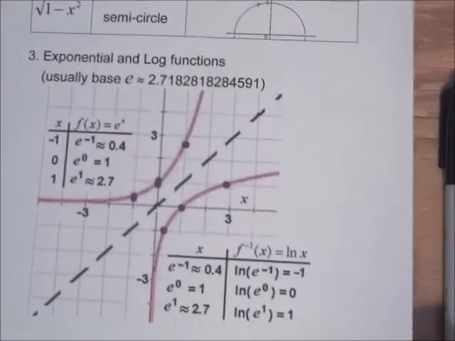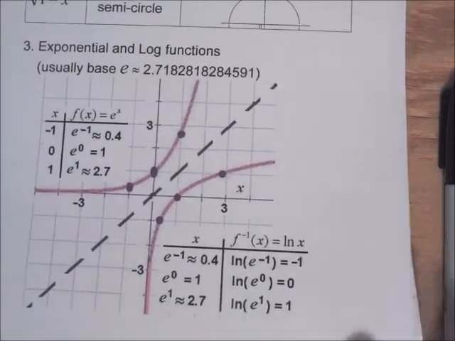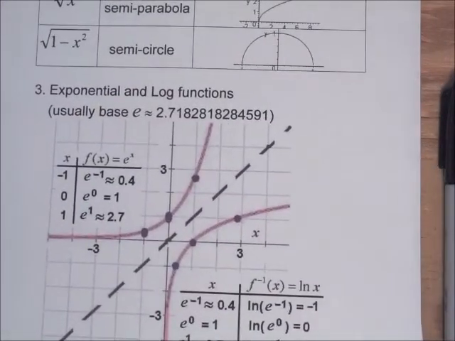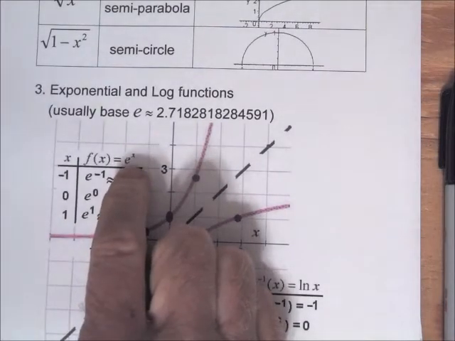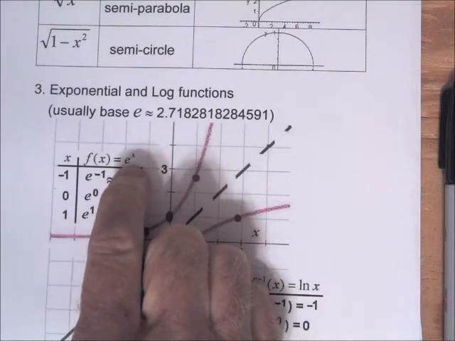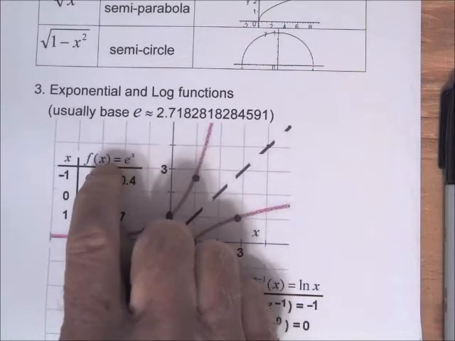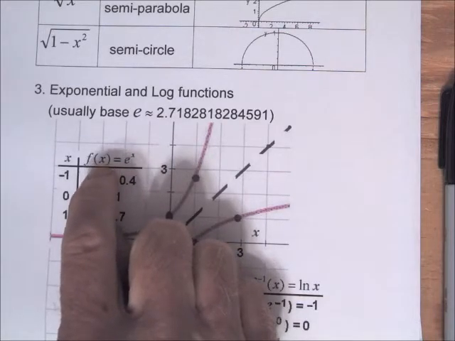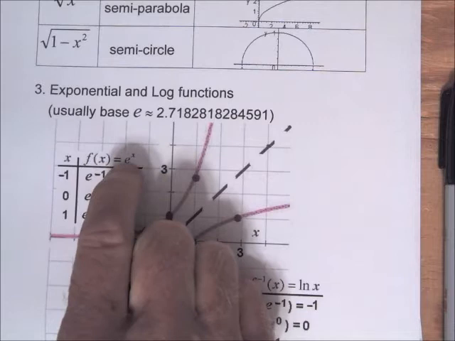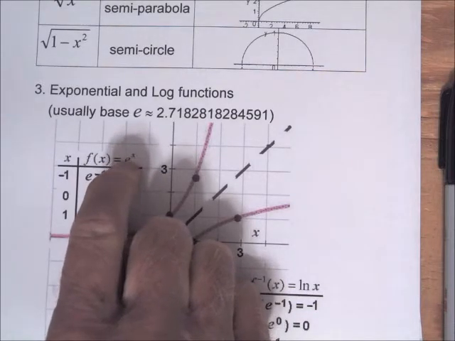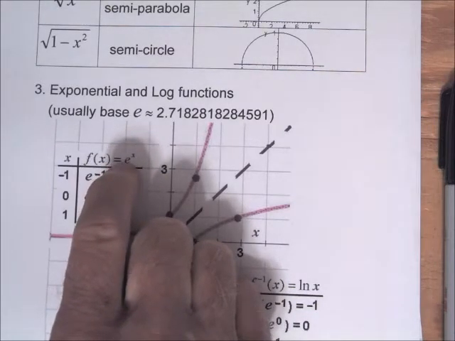Exponential and log functions. We'll especially work with base e. Some applications you might have base 2, for example, bacteria doubling every hour. You might express it in terms of the bacteria population equal 2 to the x. But base e has some nice properties.